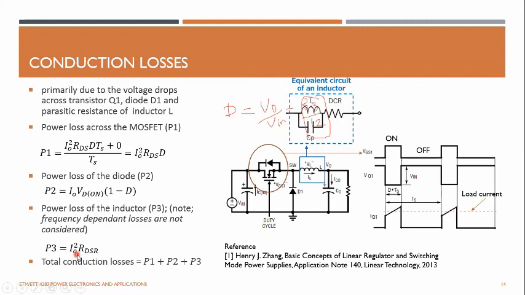And P3 is simply I squared, where I is 10 amps. This is 10 amp, and this is 0.7.